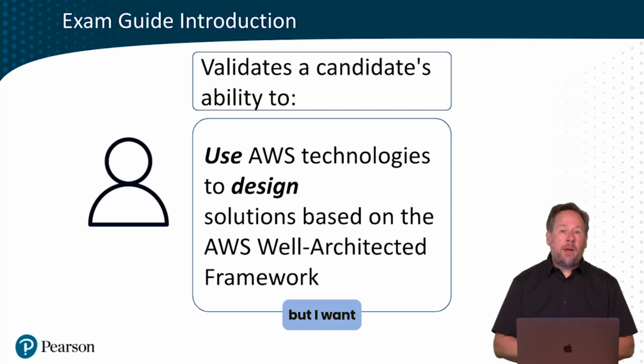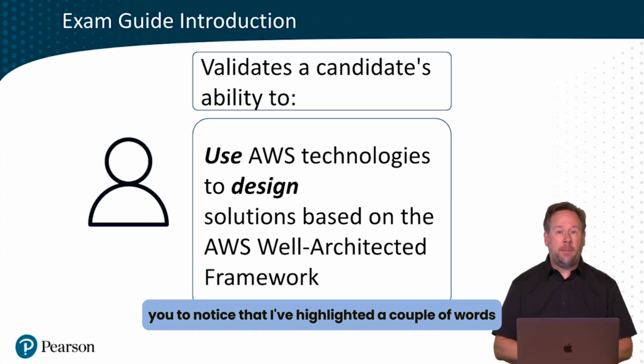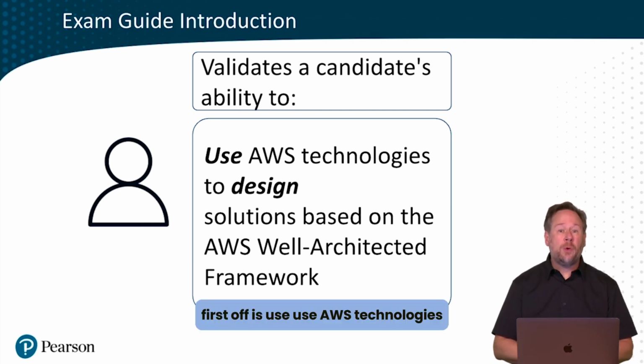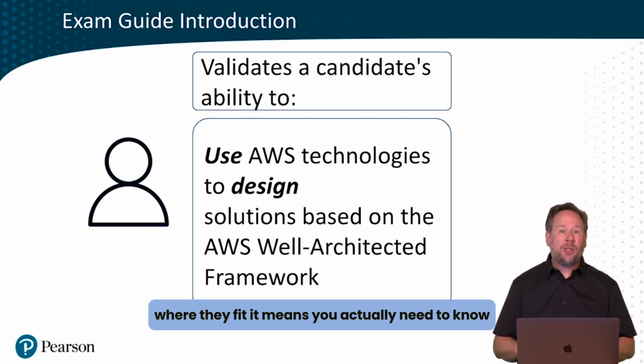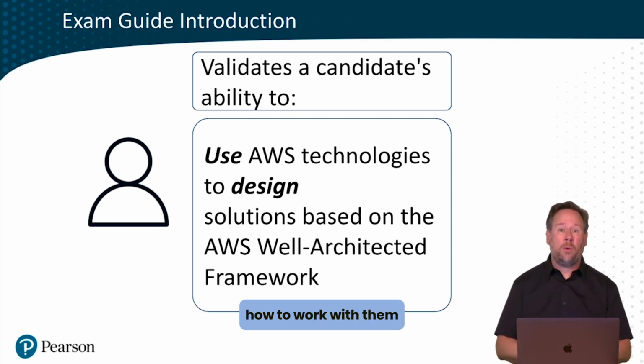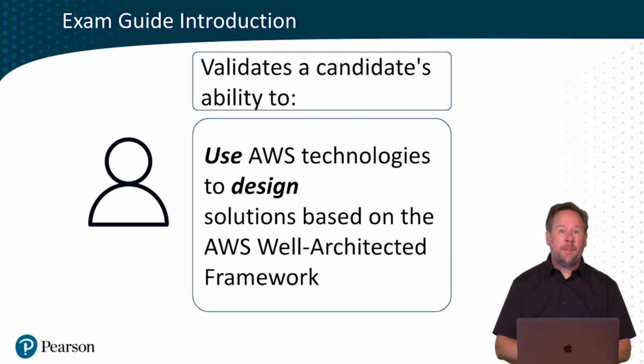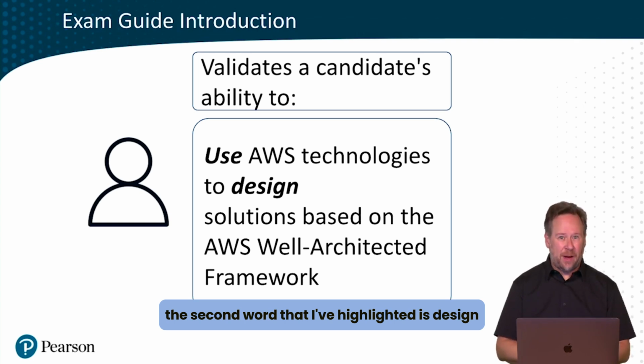But I want you to notice that I've highlighted a couple of words. First off is use. Use AWS technologies. It's more than just understanding from a documentation perspective where they fit. It means you actually need to know how to work with them. The second word that I've highlighted is design.